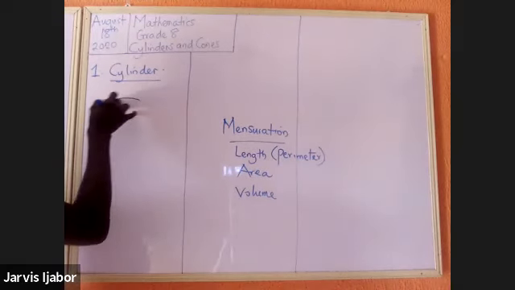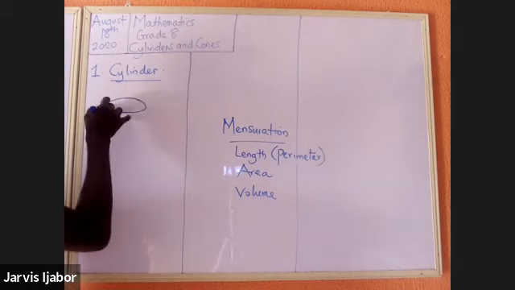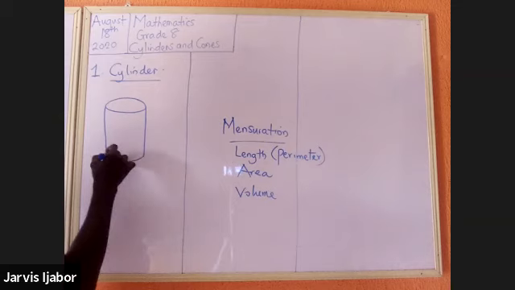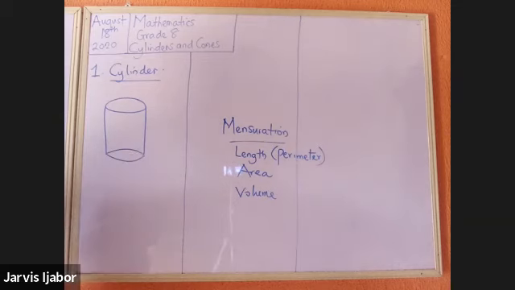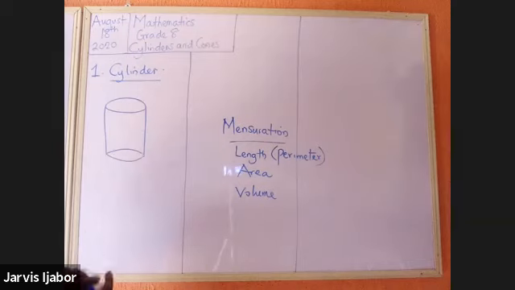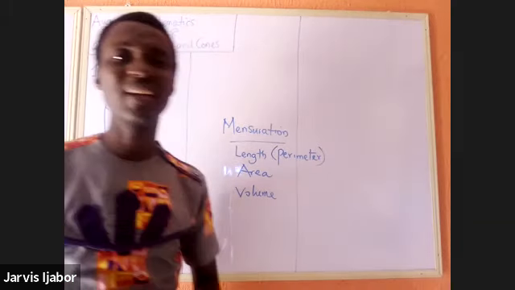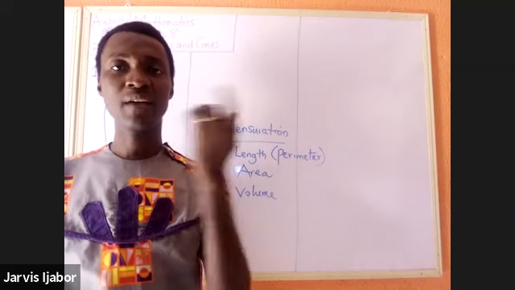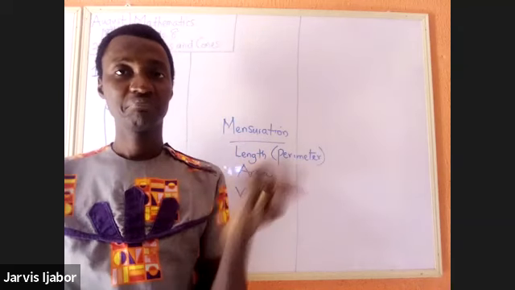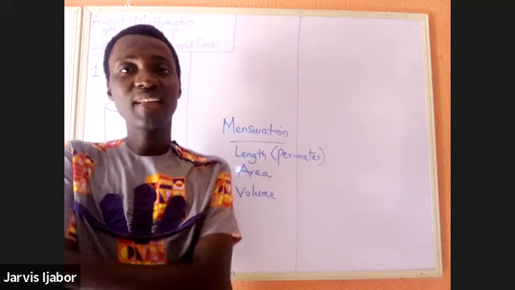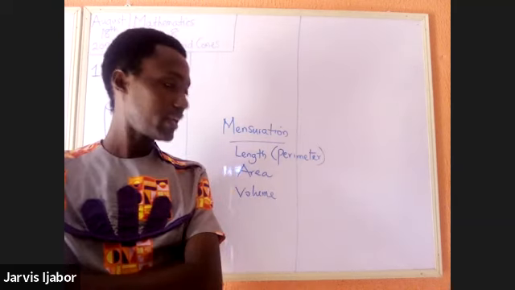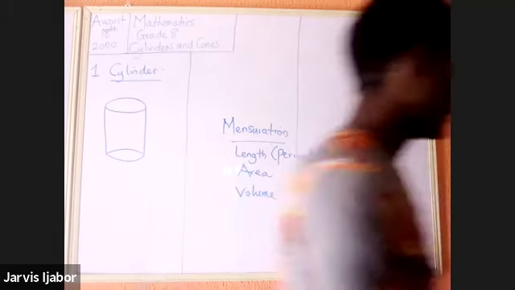A cylinder is simply two circles. That's a cylinder. A cylinder is formed essentially from a folded rectangle. So a cylinder, if it's open at both ends, is a folded rectangle. Let's see if we can illustrate that practically.